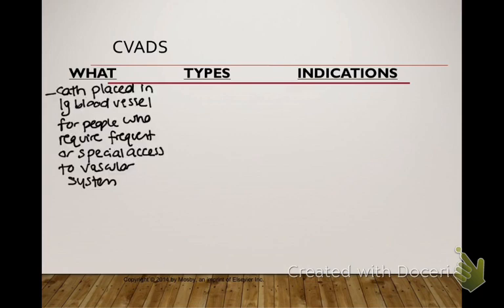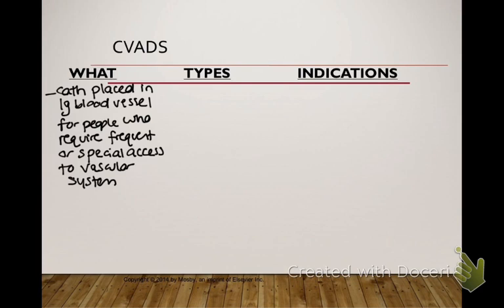All right, so these are a catheter placed in a large blood vessel for people who require frequent or special access to a vascular system. So there's lots of different ways central catheters are used. We can do it peripherally, and that goes up to the superior vena cava.